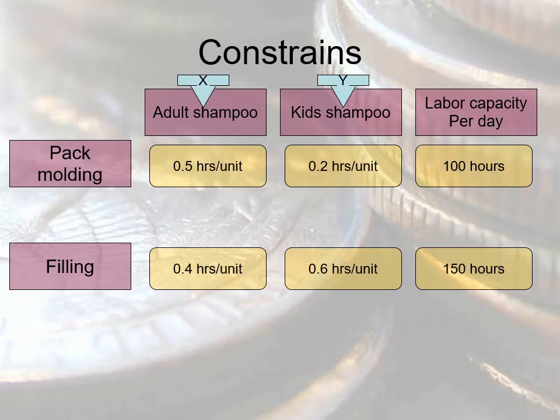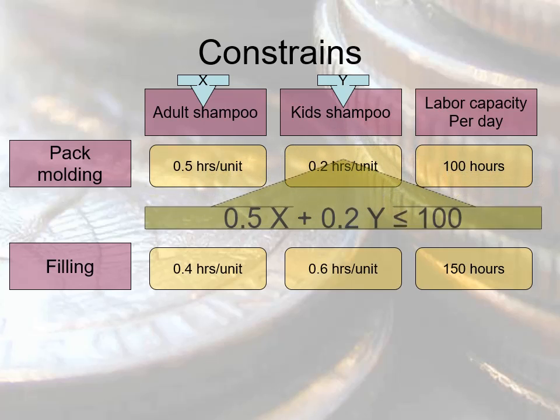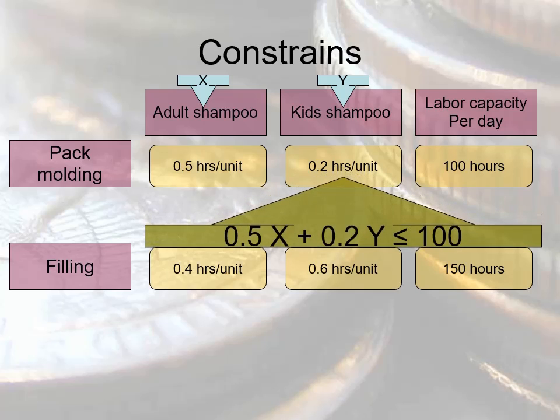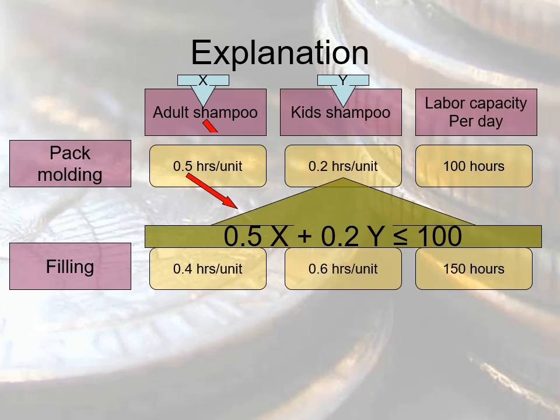We need to look at constraints, and in each section the constraint is the labor capacity per day. So for the back molding section, we can write this equation: 0.5x plus 0.2y is equal or less than 100. 0.5 is the number of hours needed in the back molding section to produce one single unit of adult shampoo.